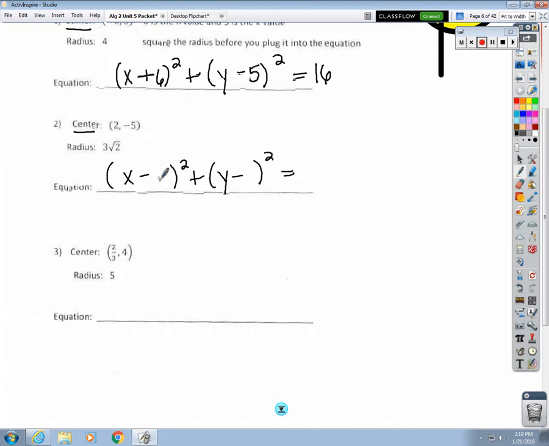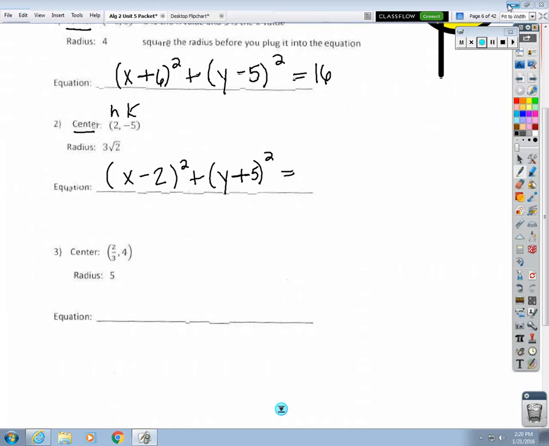What is the h? 2, so I plug it in. What is the k? If I plug in a negative 5 where k goes, it becomes y plus 5. So what people have been noticing all day is that when you plug it in, it's just the opposite of what it was up here in the point. And then equals 3 square root of 2, but we're supposed to square it.